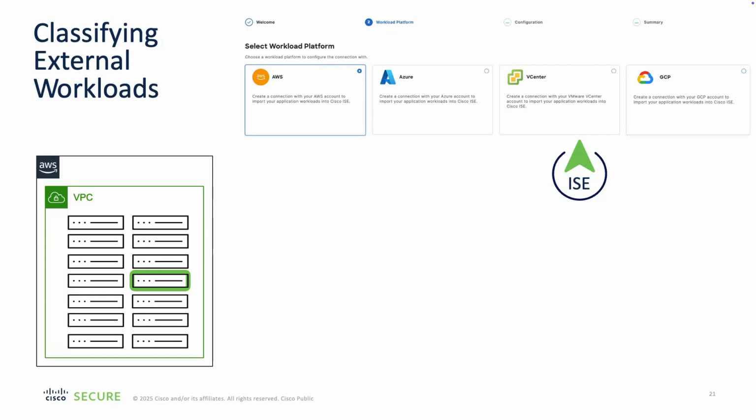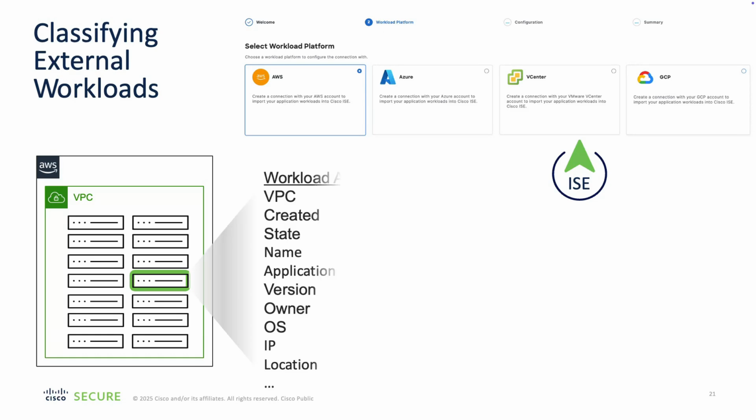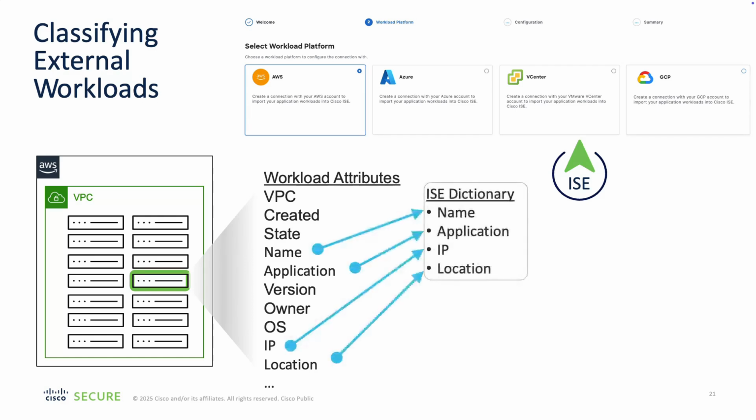So at the top there I've chosen AWS, and there's all sorts of workload attributes for each workload in AWS. For example, you could have version, OS, location, and so on, and you can create your own tags. But the first bit in ISE is to say, which attributes do I actually want to use in my policy? So I could use the name, I could use an application name, the location, or what have you, and we can use them in ISE to build our policies.